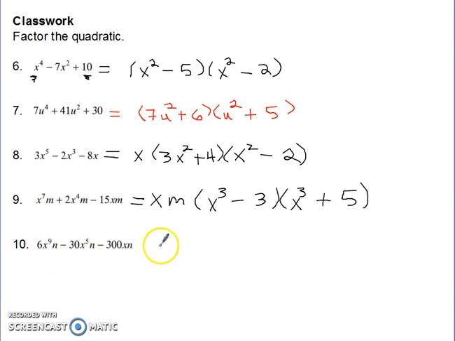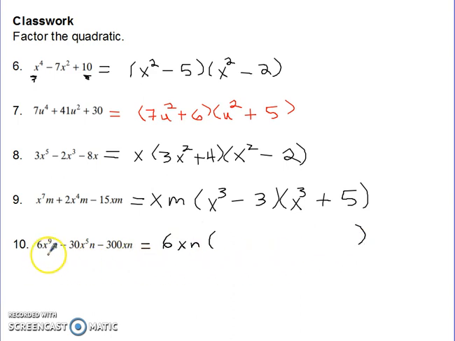So for our last question here, first thing I'm going to do is factor out, I have a greatest common factor in each. 6 is 6 times 1, 30 is 6 times 5, and 300 is 6 times 50. And then I also have an x and an n in each. So I'm going to factor out the 6xn from each to start off.